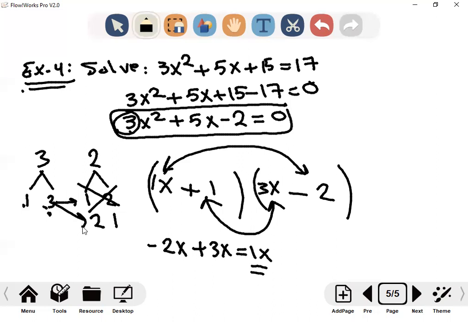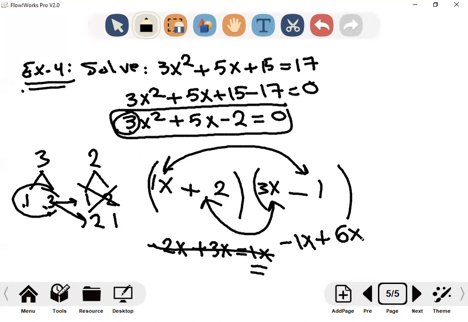I do the 2 and the 1. I switch the 1 and the 2, and I do 2 and 1. I put the 1 and 3 without a switch, as normal. Okay? Let's go. Do the farthest and the nearest. 1x multiply negative 1, negative 1x. 2 multiply 3x, plus 6x.